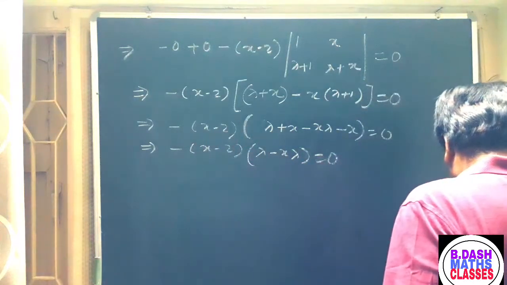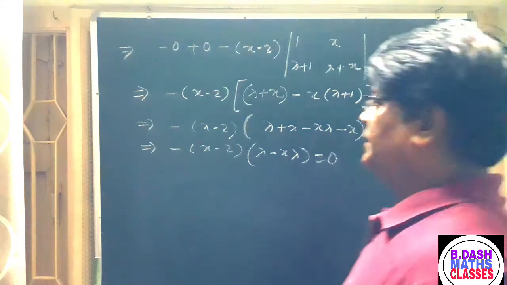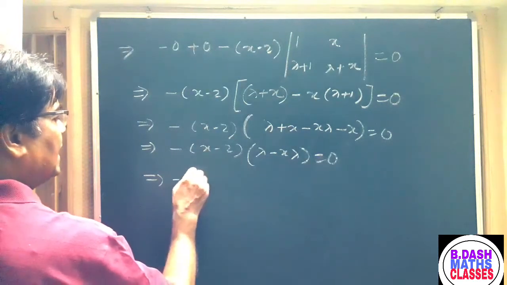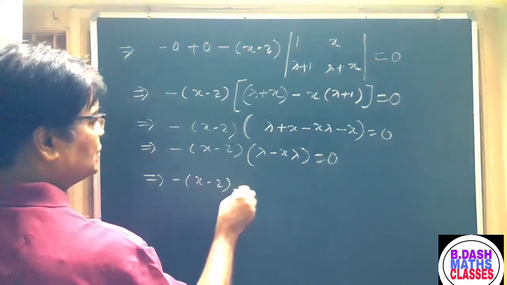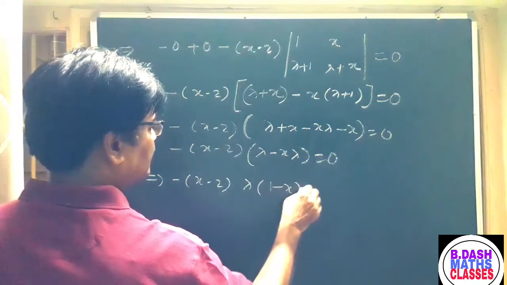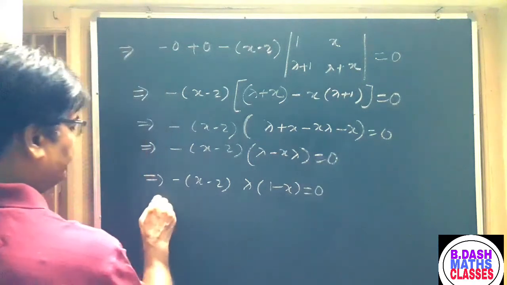Then this gives us minus of (x minus 2), lambda common, (1 minus x) is equal to 0.